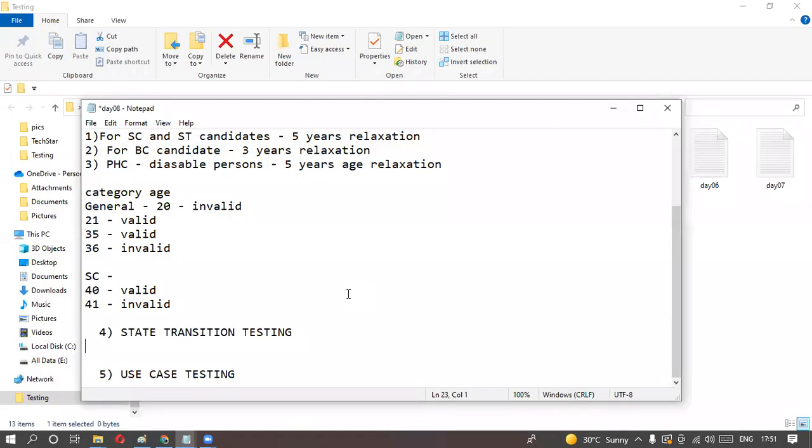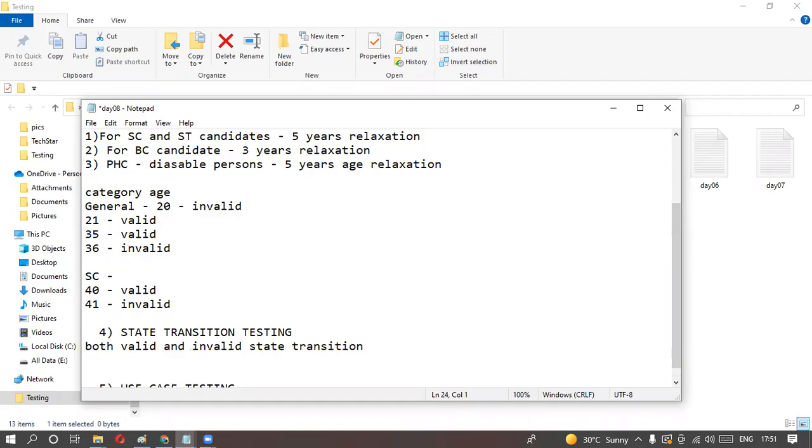State transition testing, in the sense, the test cases execute the valid and invalid state transitions, both valid and invalid. What are both valid and invalid?